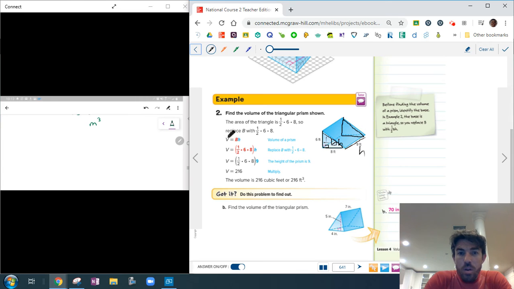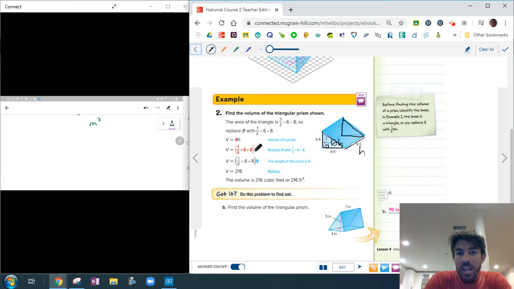All right, so here's the general formula. Notice that big B is replaced with 1/2 base times height of the triangle. And where'd the 6 and the 8 come from? They came from this triangular base. We see that there's a right angle symbol here. So when the two dimensions meet at a right angle, that means they are the base and the height. So then we have 1/2 times 6 times the 8.